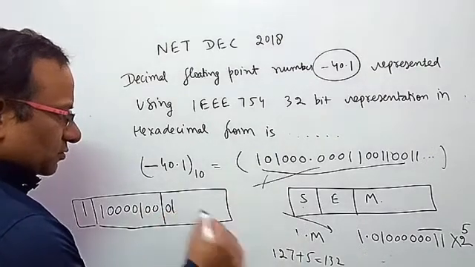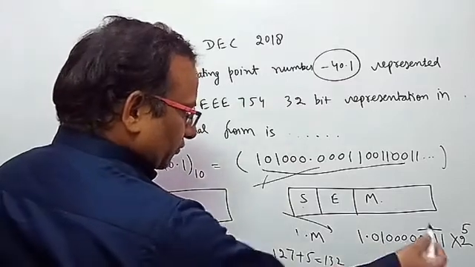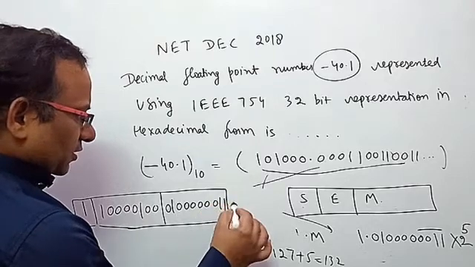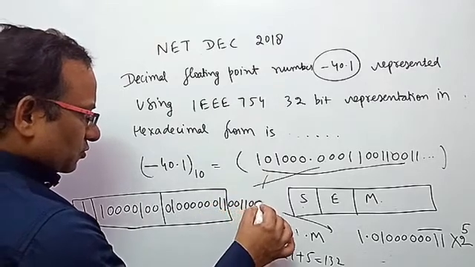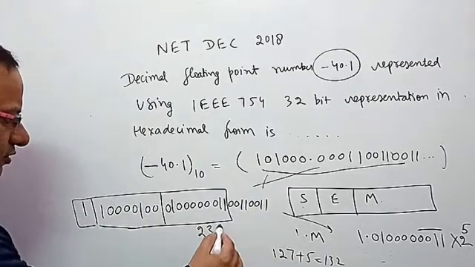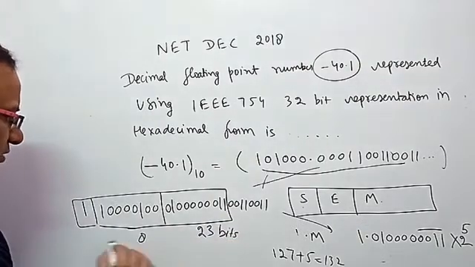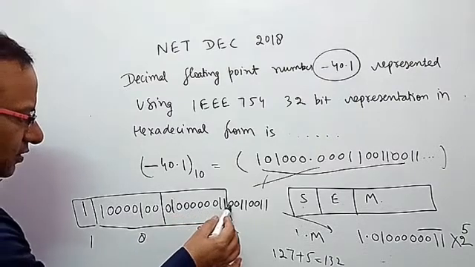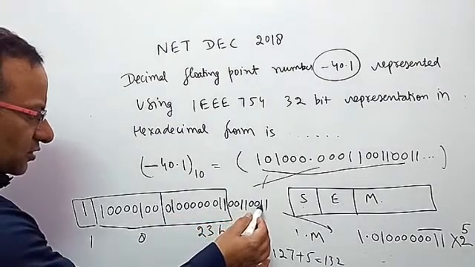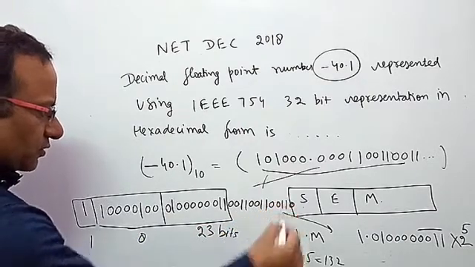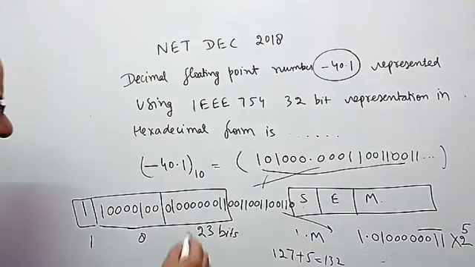Mantissa is 0, 1, 0, 0, 0, 1, 0, then double 1, then again 0, 0, 1, 1, 0, 0, 1, 1, up to 23 bits. So we will represent this up to 23 bits. This is the 8 bits and this is the single bit. Counting 1 to 23, this is the mantissa. 1 is implicit, so no need to store 1.